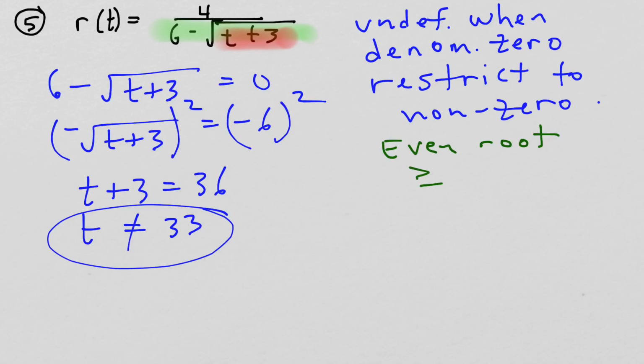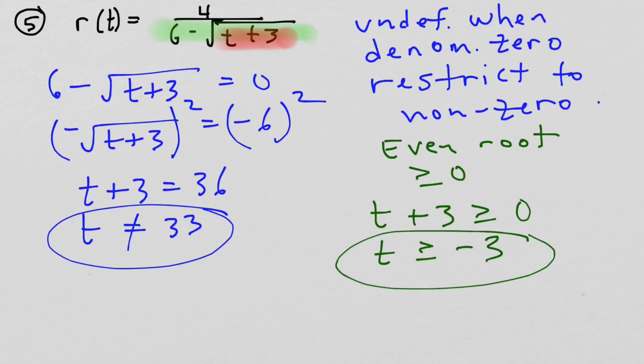So that means t plus 3 must be positive or 0. So that means t is greater than or equal to negative 3. All right, so if t is greater than or equal to negative 3, then you're going to stay positive or 0 under the radical.